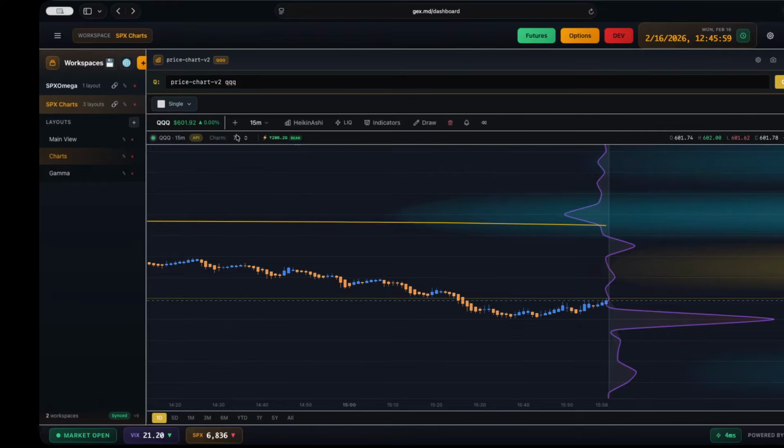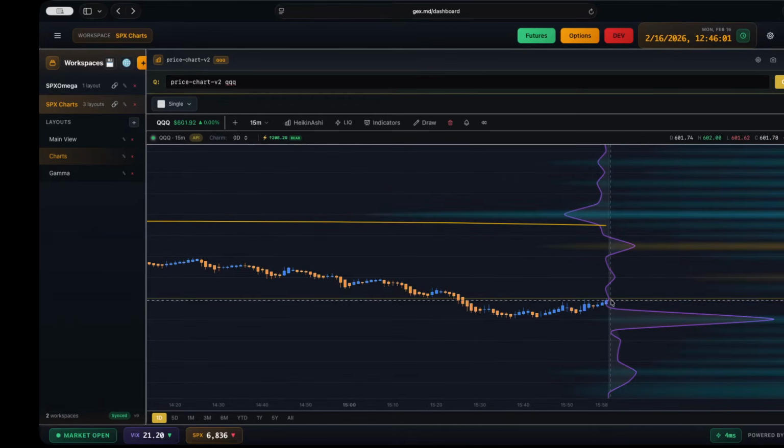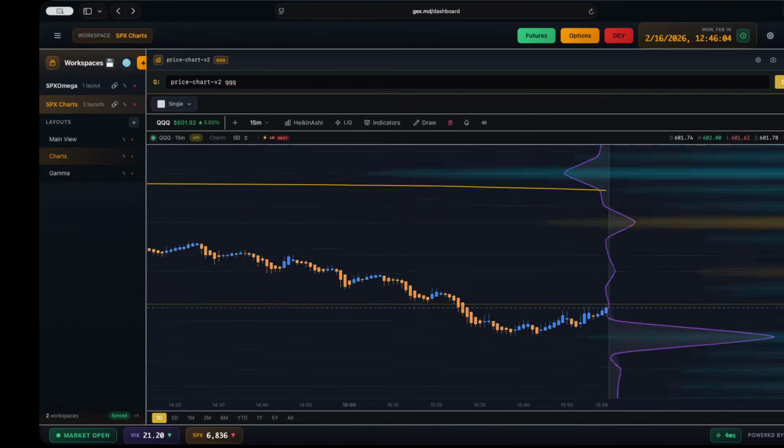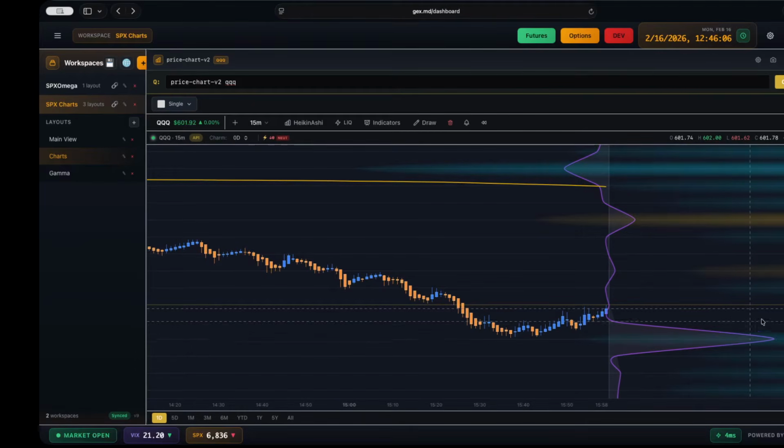Then let me see 0DTE. All right. So in QQQ we have a black hole here. We have one right there. We have a magnet, and then here we have a reaction. You see what I said about the yellow? Anything on this side is reaction. Anything on this side, reaction. You see? Reaction.